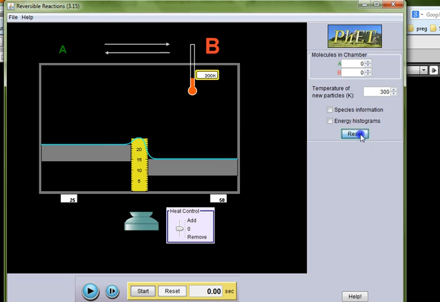All right, now reset all. Let's use 33 particles of A and 67 particles of B. Obviously, what is the reaction quotient here? 67 over 33.